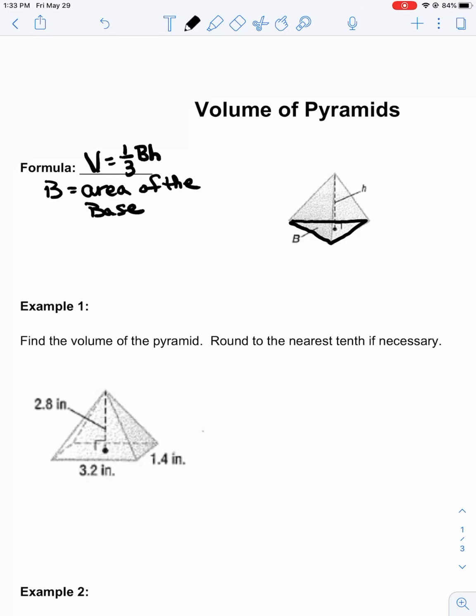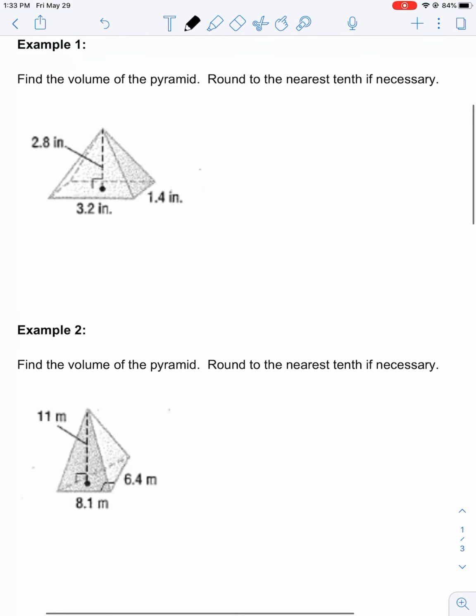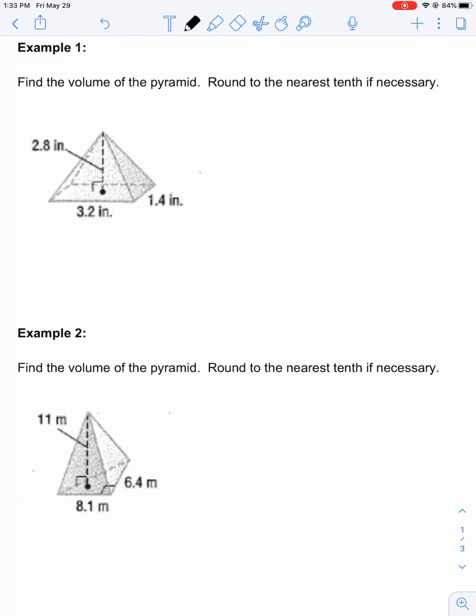Okay? So our first example is an example of a rectangular pyramid. And you can see here where the base of it is a rectangle.